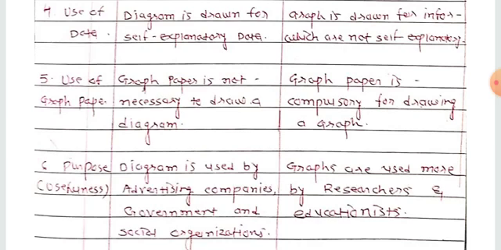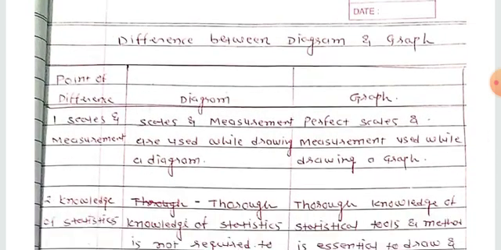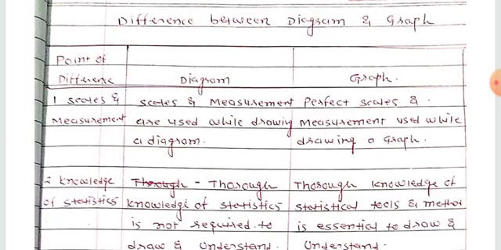A diagram is used by advertising companies, government agencies and social organizations for awareness, while graphs are used by researchers and educationists. So I hope you have written all these points, and if not, then please write down these points by pausing the video in between. And now let us move towards the next topic.